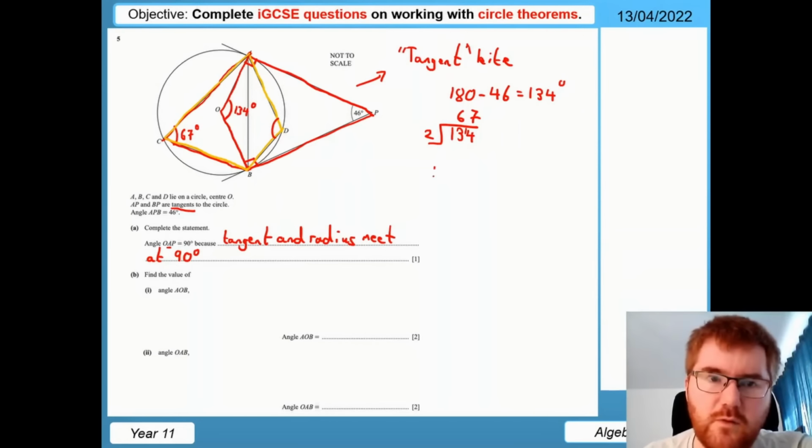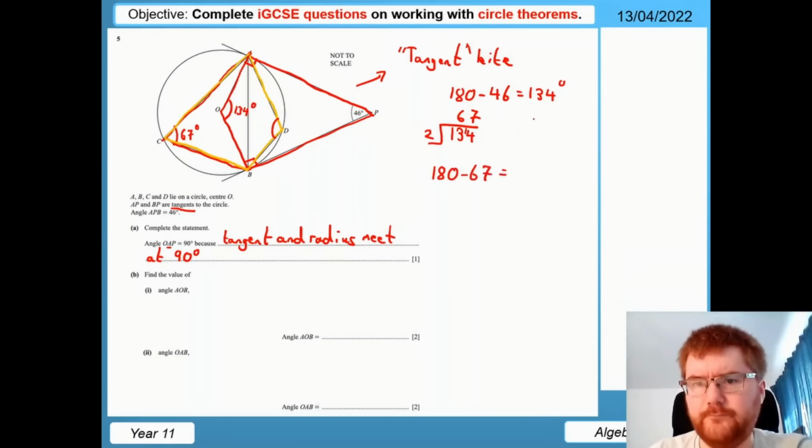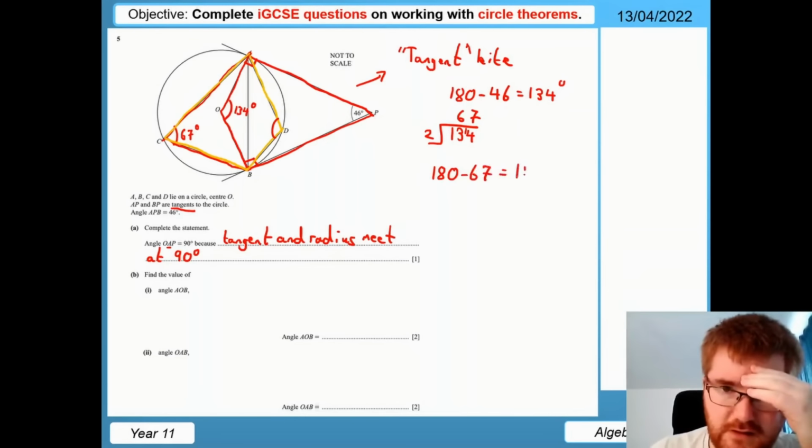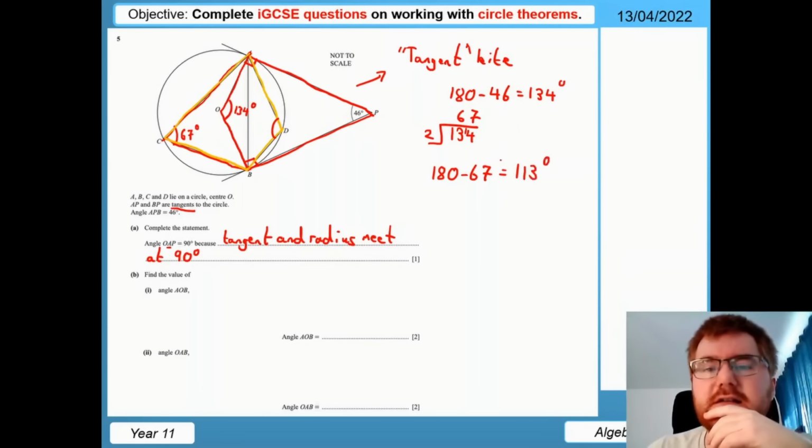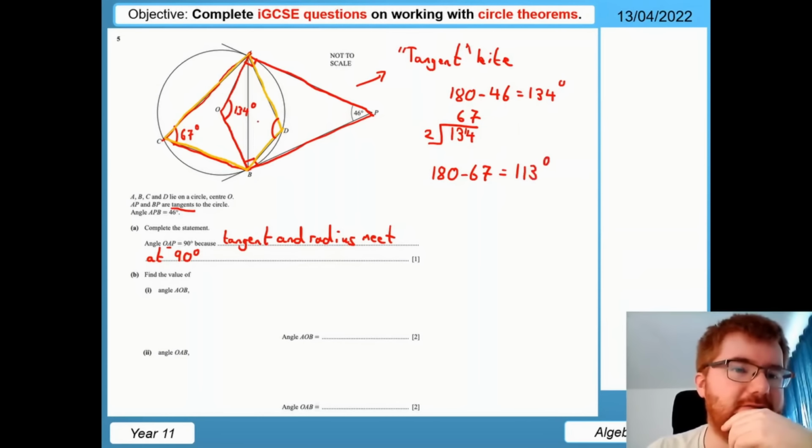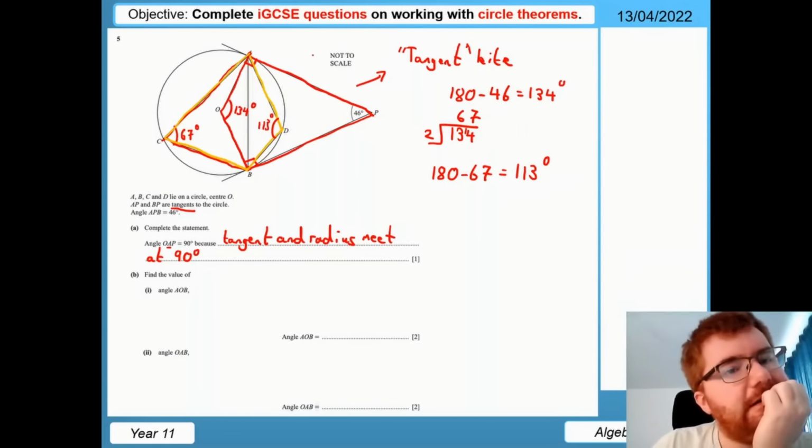So then we get 180 minus 67, and that's going to be equal to 113 degrees. Yep, I'm happy with that. Double checking everything. So that's equal to 113 degrees.